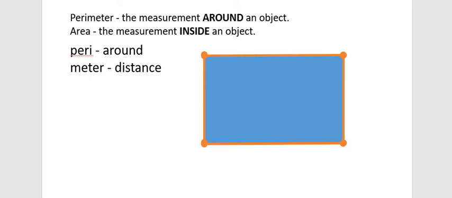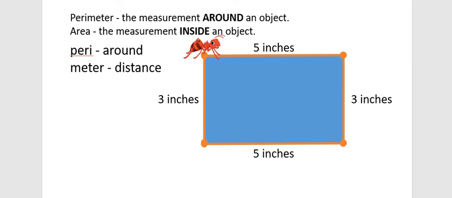So if we were to go ahead and give measurements for this, we would have 5 inches right here, and then 3 inches here, 5 inches here, and 3 inches here. About the best way I can think about this is let's put an ant on here, and he is going to do some traveling.